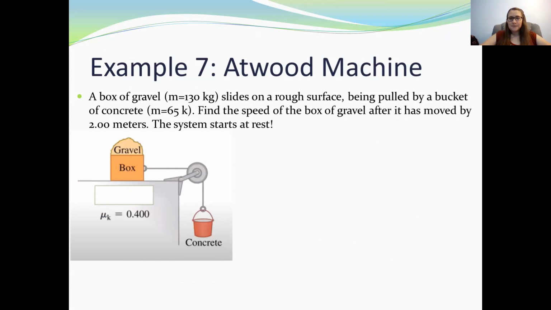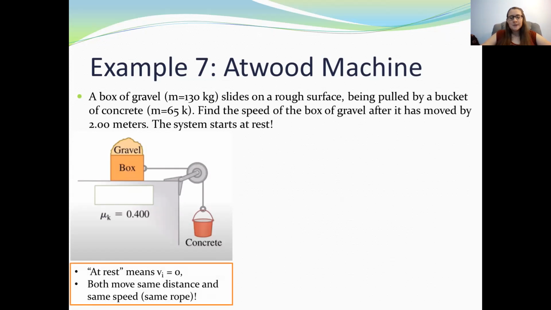Okay, so again, a lot going on here. Let's take a look. So at rest means its initial velocity is 0 for both objects, right? Since these two objects are connected by a string that we're assuming is a perfect string, it's not going to stretch or snap or anything like that.